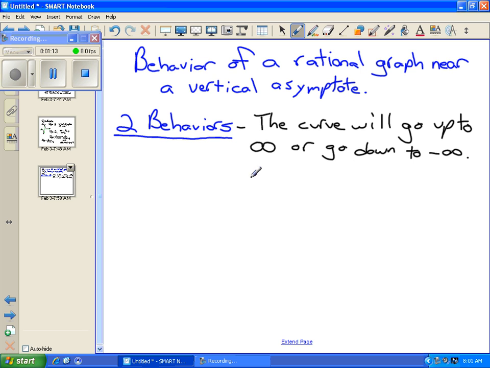The thing here is, on a vertical line, if we have a vertical asymptote straight up and down, we have to check both sides of the line. What's going to happen on the right side? Is it going to go up, or is it going to curve down? What's happening on the left side? Is it going to go up, or is it going to curve down? So we must check both sides of the asymptote. I'll show you how to do that.